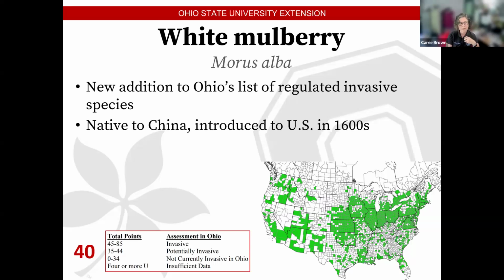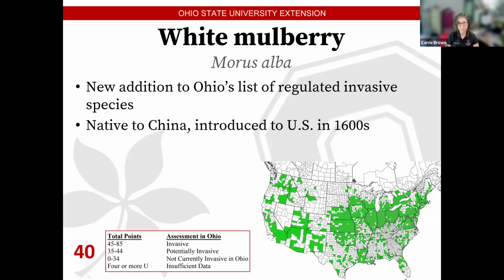It poses an ecological threat not only for displacing native species, but there's also a possibility that it can hybridize with and transmit a fungal root rot disease to our native mulberry. So that is Morus rubra or red mulberry.